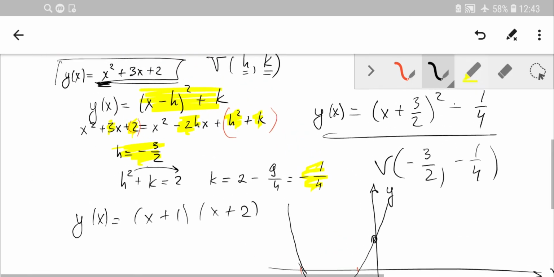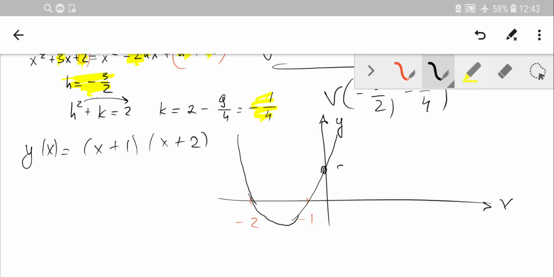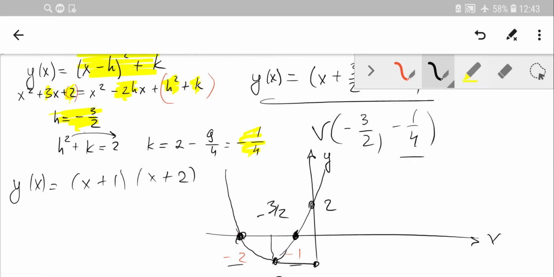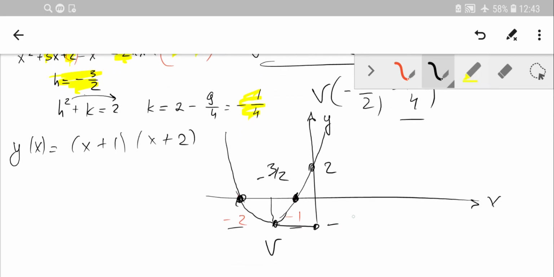And this point will be 2 as the y-intercept, okay? And the vertex. So I just put the vertex here. As it's supposed to be, the vertex should be halfway between negative 2 and negative 1, so negative 3 over 2. And the y of the vertex is negative 1 over 4, as we found recently.